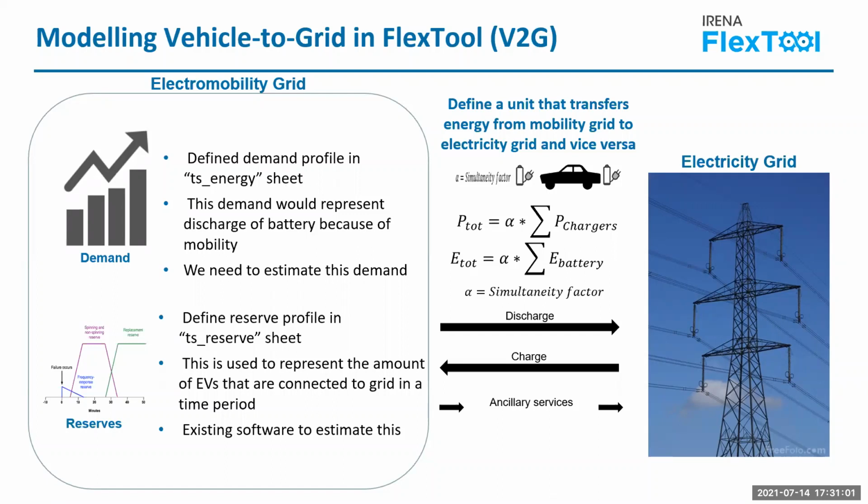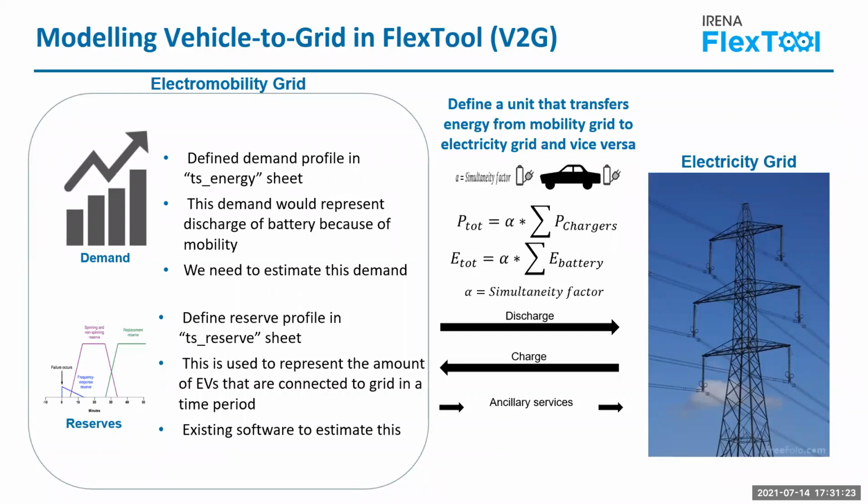And then we have a device that we call, for example, EV charger, which is another conversion unit. It's like the heat pump that gets electricity from the electricity grid and sends this electricity with some efficiency to the electromobility grid to charge the vehicle.